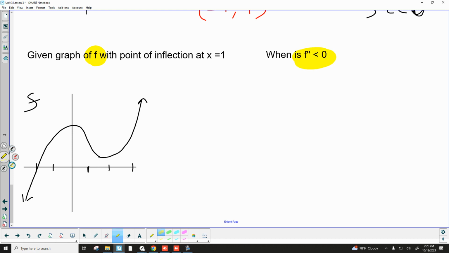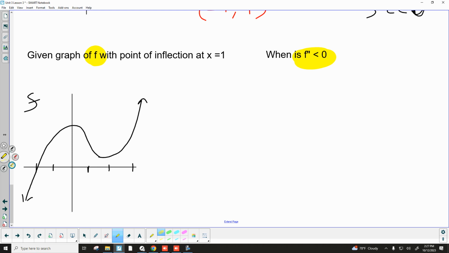Stay there. Check with the others. Less than 0 is not possible. F double prime less than 0, negative. Stop. This is telling me that F double prime is negative.